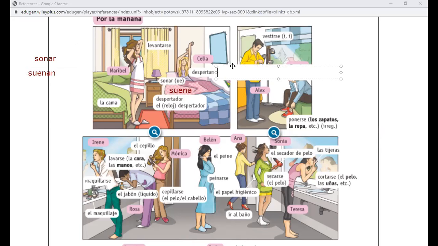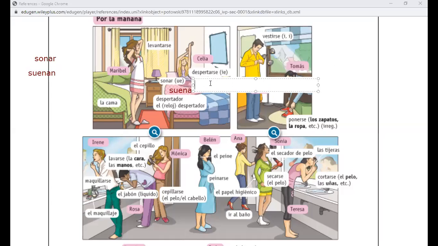Despertarse, which is to wake up, y Celia se despierta. Porque es irregular, IE. What we did is we took despertar.